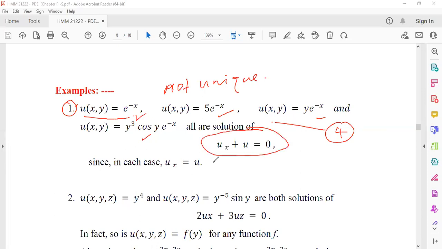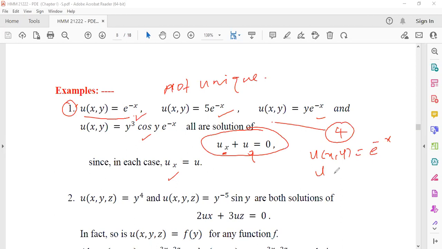So can you try whether these four are satisfying this equation? You know how to do that, no? If you take u(x,y), let's say e to the minus x, we only need u_x.